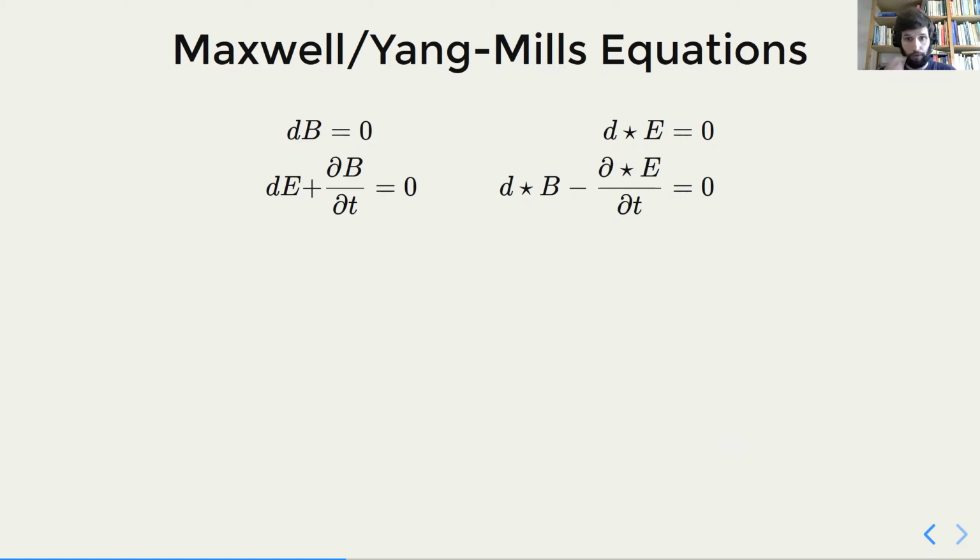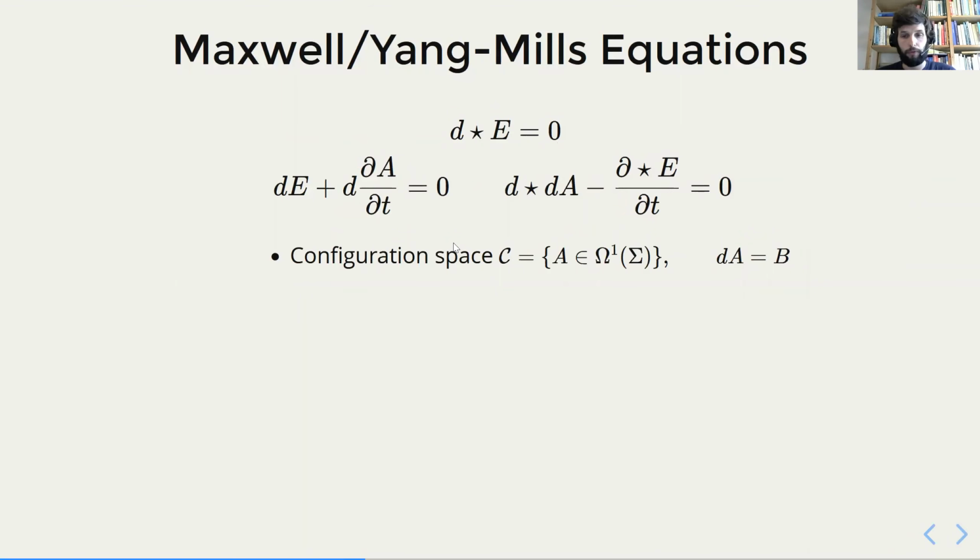And what you of course know if you study Maxwell equations, the first thing is that you have this equation that the 2 form is closed. So what you do is solve this equation by going over to the space of connections, or in this case, just 1 forms. And then you set dA equals B, and then this equation that B is closed is automatically solved. So what you end up with is kind of this reduced setting of equations.